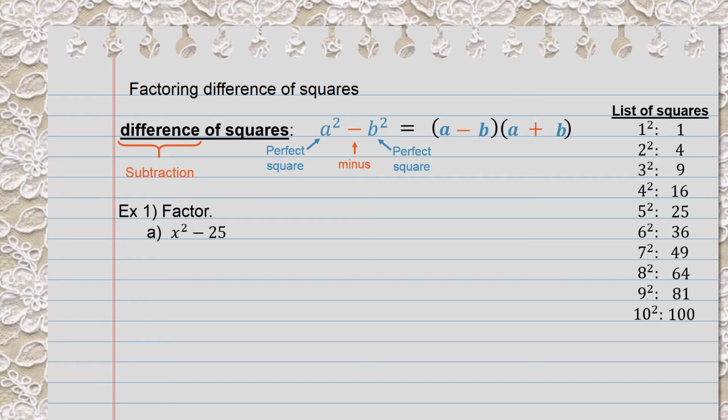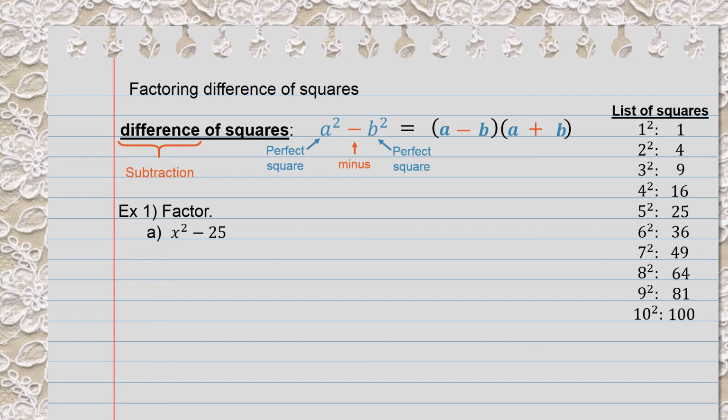Example 1 says to factor, and for a we have the problem x squared minus 25. And so we look, is x squared a perfect square? Yes. Is 25 a perfect square? Yes. Notice it's in the list on the right.